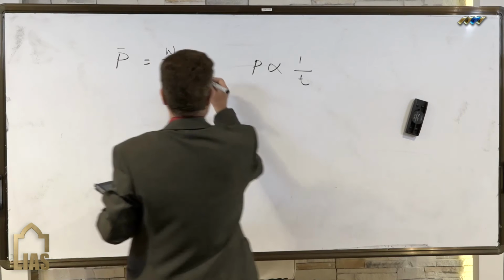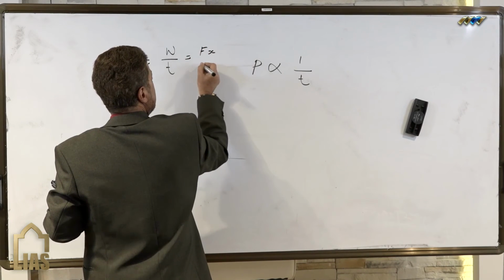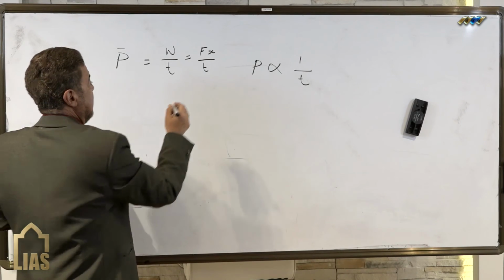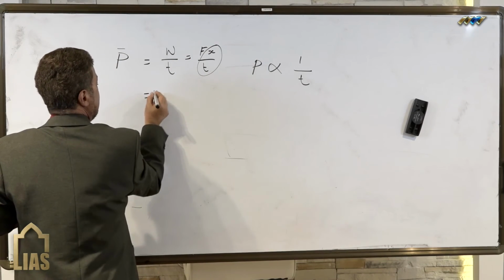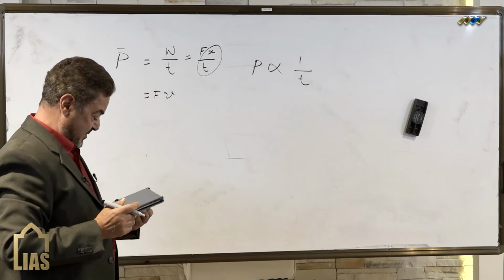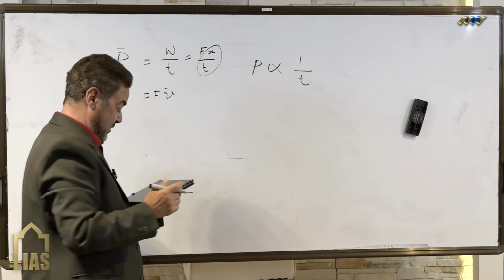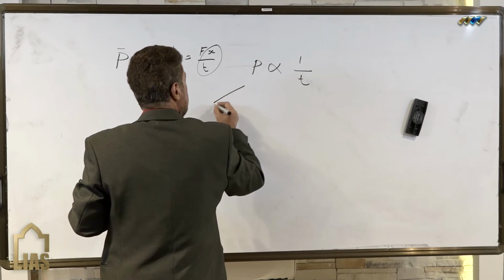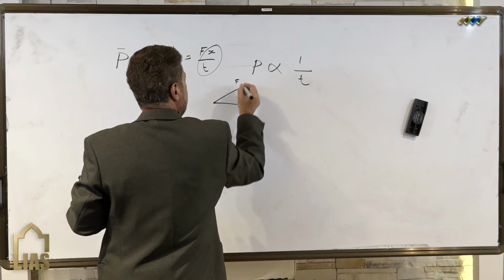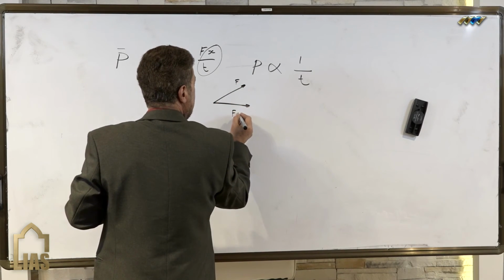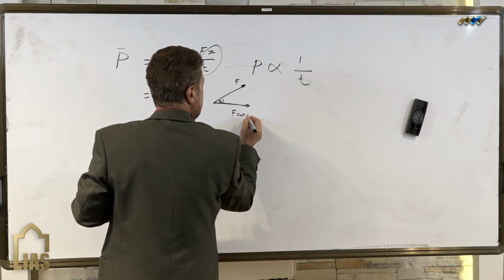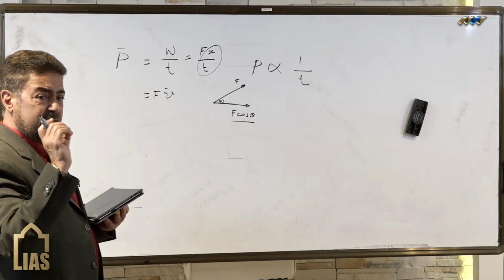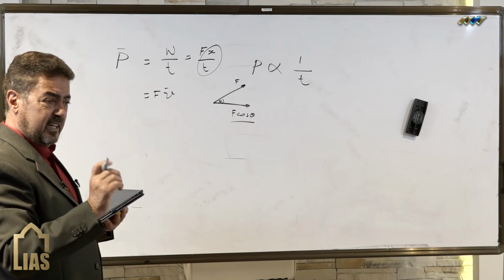And we have the work, as we say, it's Fx over t. And Fx over t is velocity, average velocity of course, as we said before. And F could be inclined like that, and then we say F cosine theta. But it's not every time that you take F cosine theta.